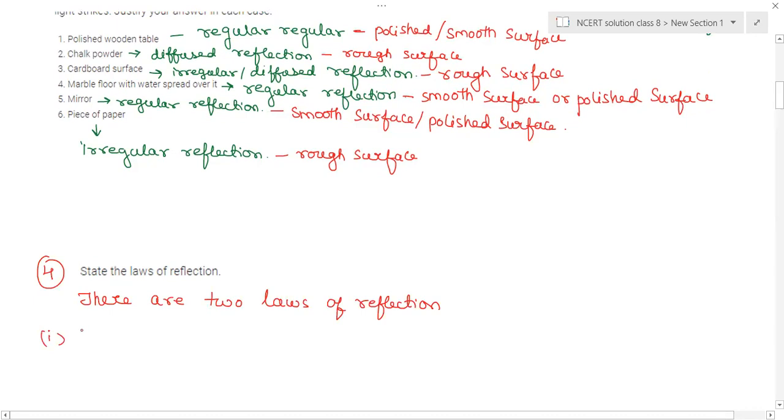One, angle of incidence is always equal to the angle of reflection.